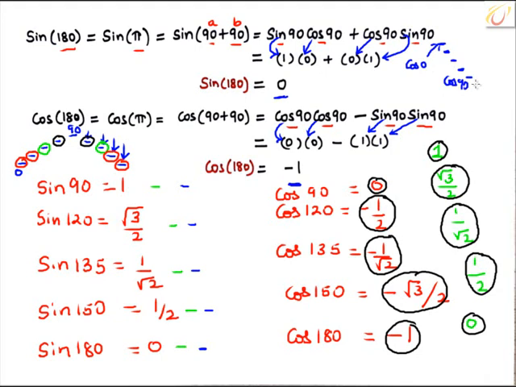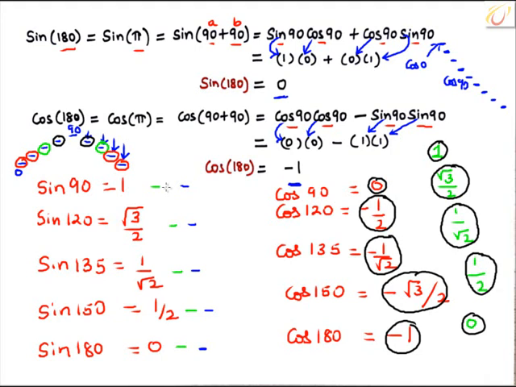Cos goes below as minus half for 120, minus 1 upon root 2 for 135, minus root 3 by 2 for 150, minus 1 for 180. So if you look at what is happening, you will see that in sine or cos, the values, if you forget the plus or minus part, remain somehow the same.